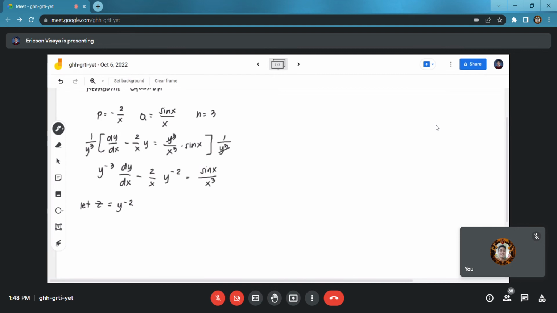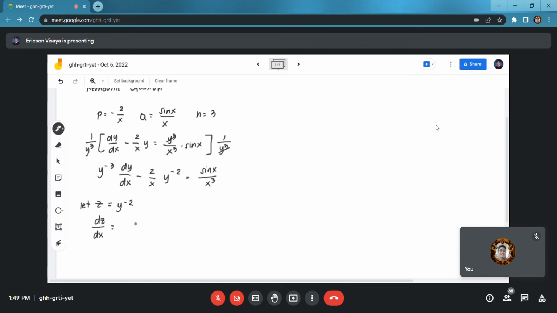Then, kunin natin derivative natin. Derivative ng z, dz over dx. Okay, so derivative natin, dz over dx natin, yan ay equal to, ano yung derivative ng y raised to negative 2?